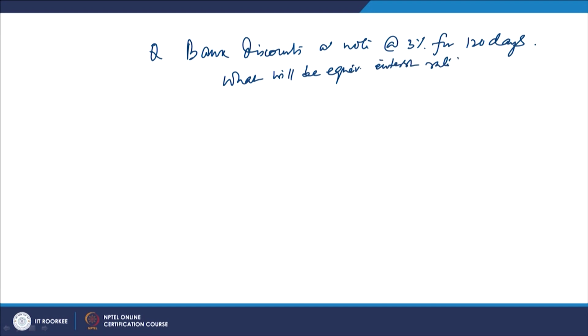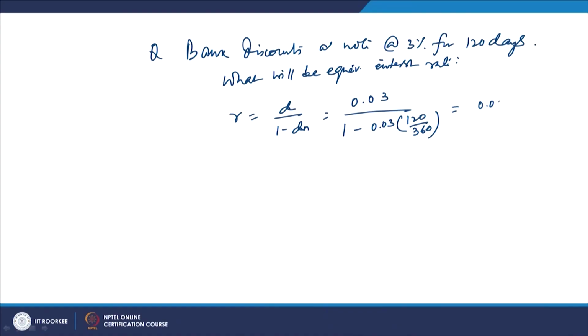In this case you know the D and also you know the N. So, you can find R, and R will be D by 1 minus Dn. D is 3%, so it is 0.03, and N is 120 days, so 120 by 360. This way you will have approximately 0.02 or 2% interest.